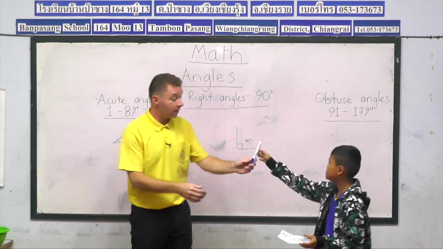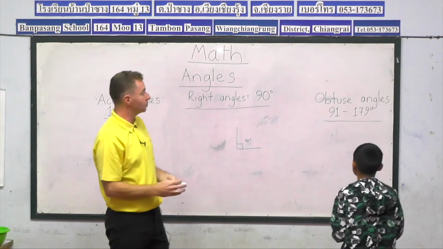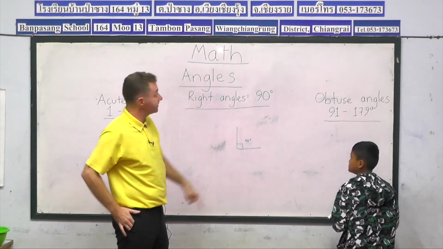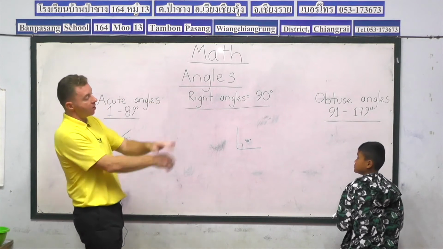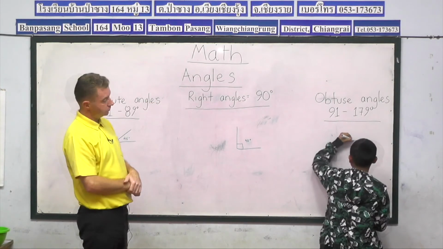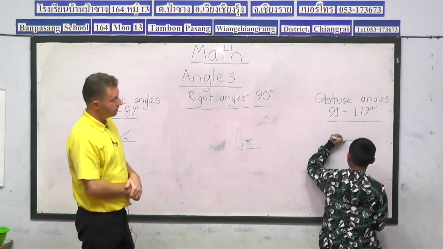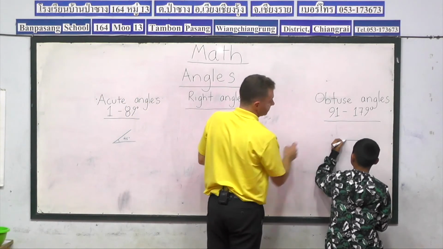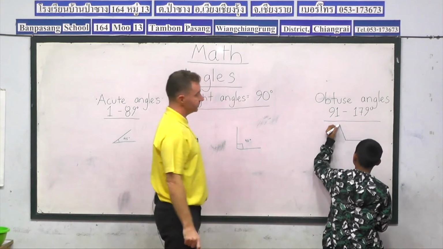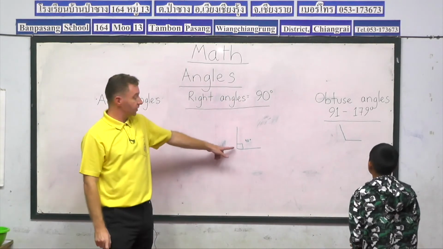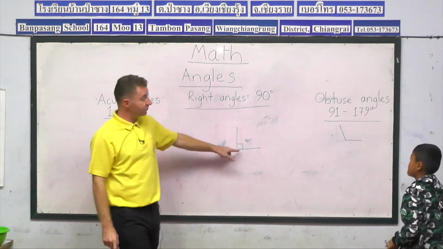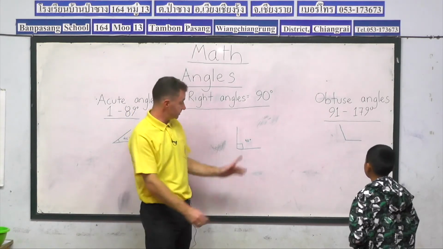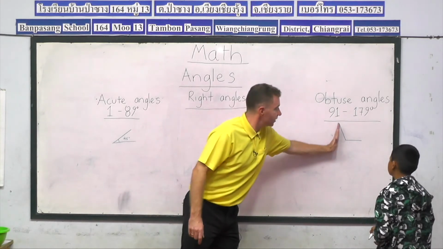So Chu, can we see an obtuse angle, please? Remember, it has to be bigger than 90 degrees, so a very large angle. And then what you need here is a line going up this way. You see, that's excellent, because look at the 90-degree angle. Is Chu's angle larger than 90 degrees? Yes, you can see the line comes further over.